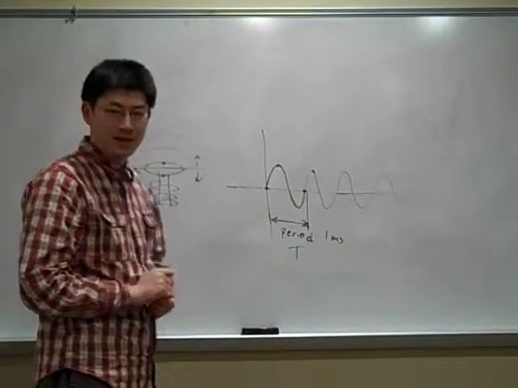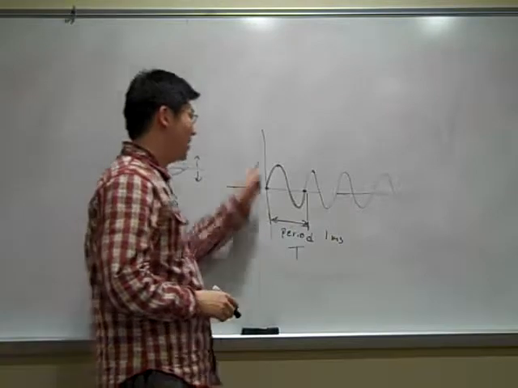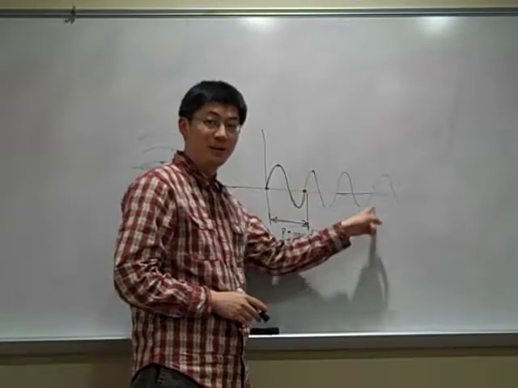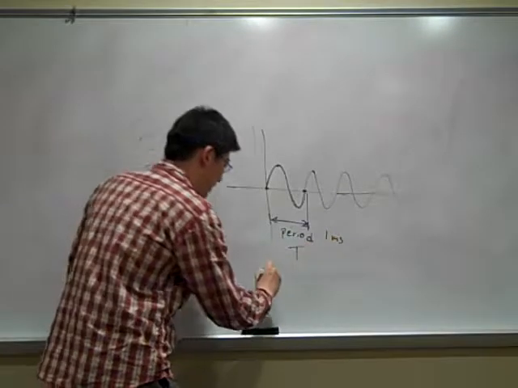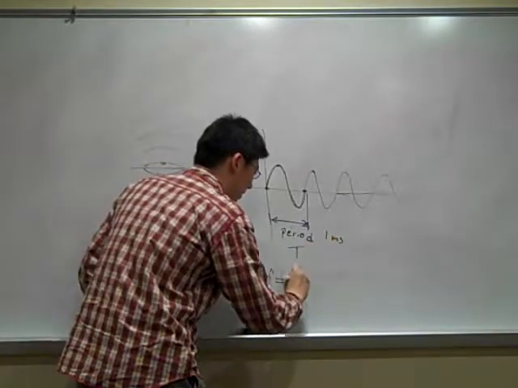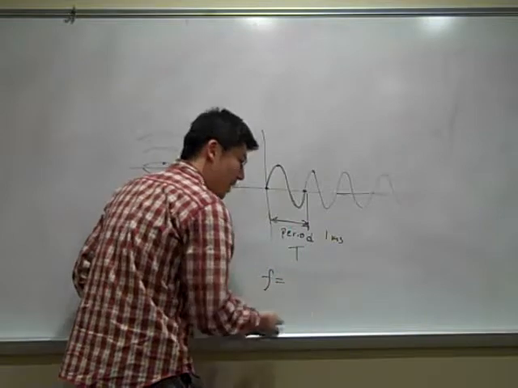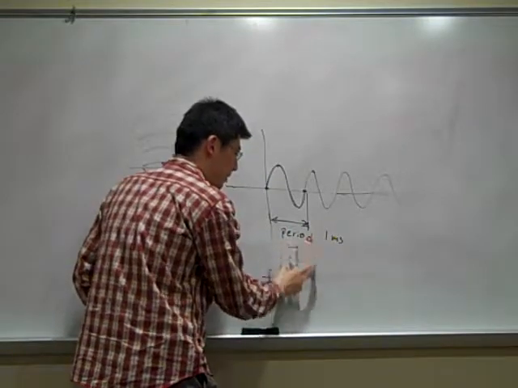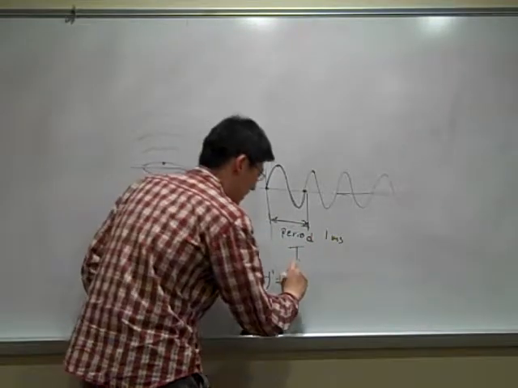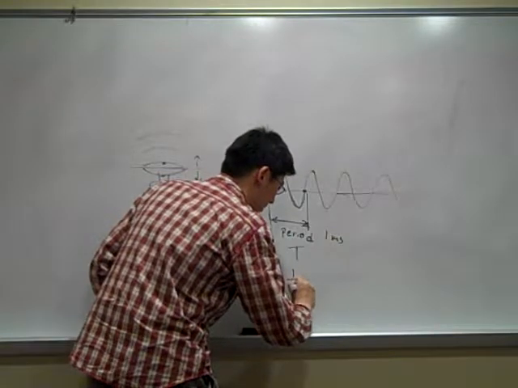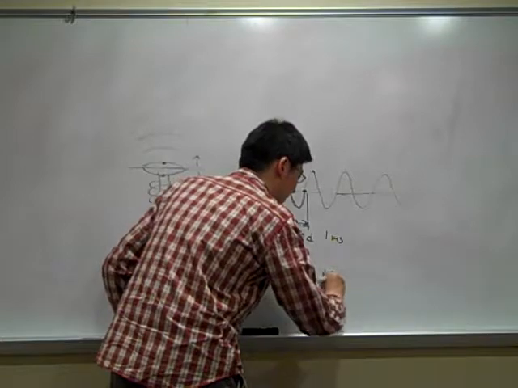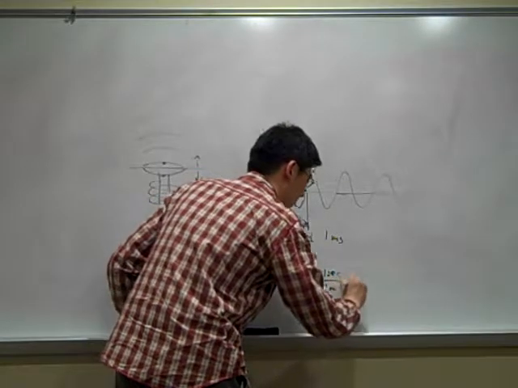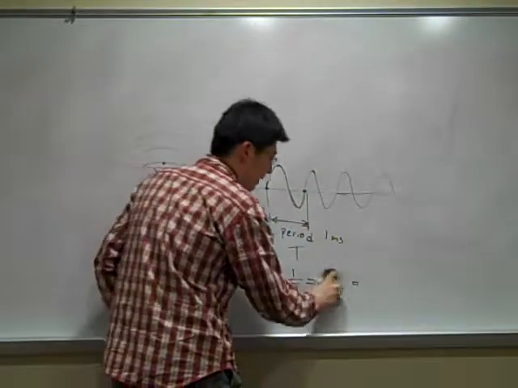Now what about the frequency? The frequency is about how many of these things occur per second. Here the period was 1 millisecond, and the frequency is going to be 1 divided by T. So here it would be 1 second divided by 1 millisecond, or 1 divided by 1 millisecond.